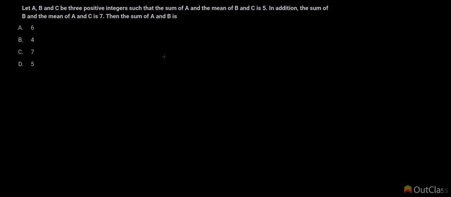Let A, B, C be positive integers such that the sum of A and the mean of B and C is 5. In addition, the sum of B and the mean of A and C is 7. Then the sum of A and B is how much? Now, this is a question.